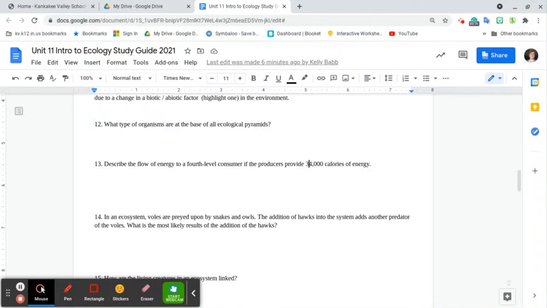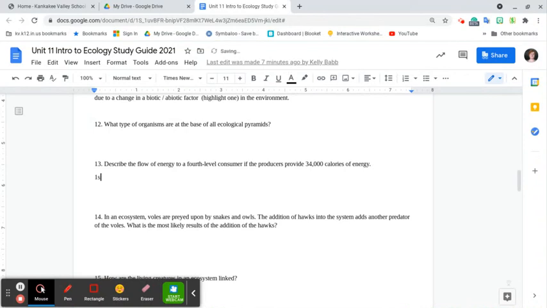That means the fourth level consumer only gets 3.4 calories, because only 10% goes on, and 90% is lost. What you're doing is just moving that decimal place, the same as dividing by 10. If it helps to write it out, I would do that.